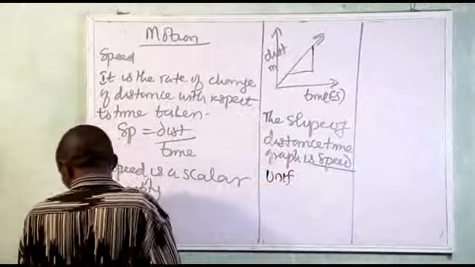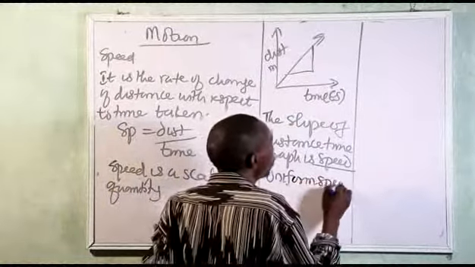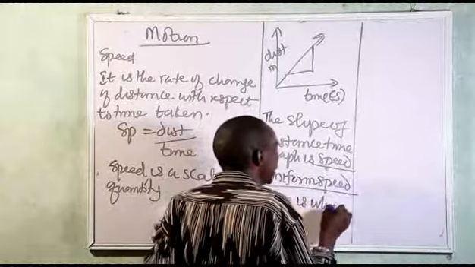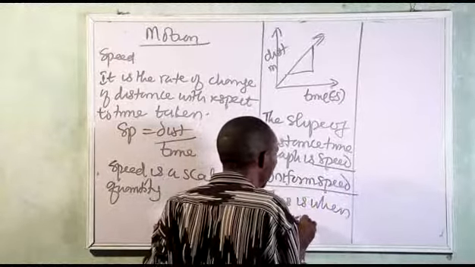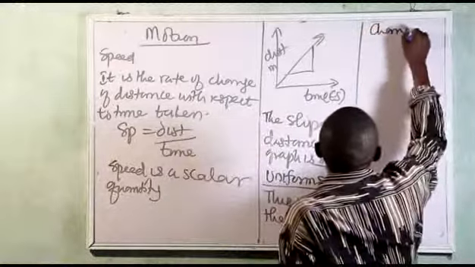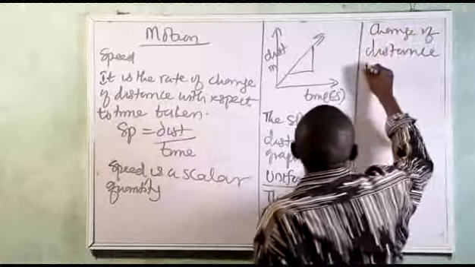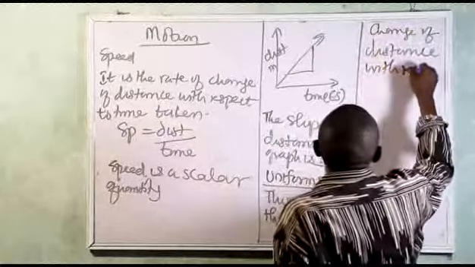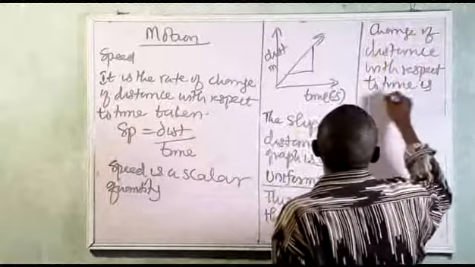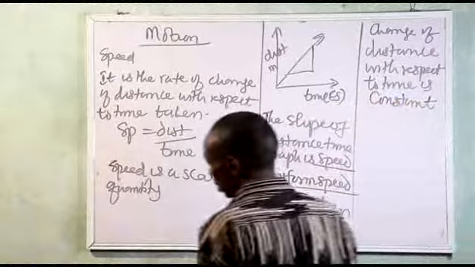What is uniform speed? Speed is a scalar quantity, we have said that. Uniform speed is when the rate of change of distance with respect to time is constant. Look at the mathematics behind it.